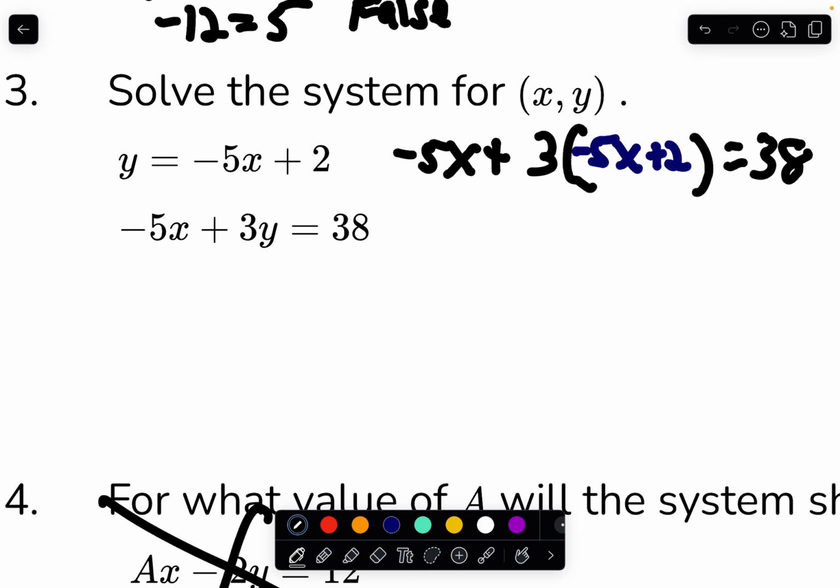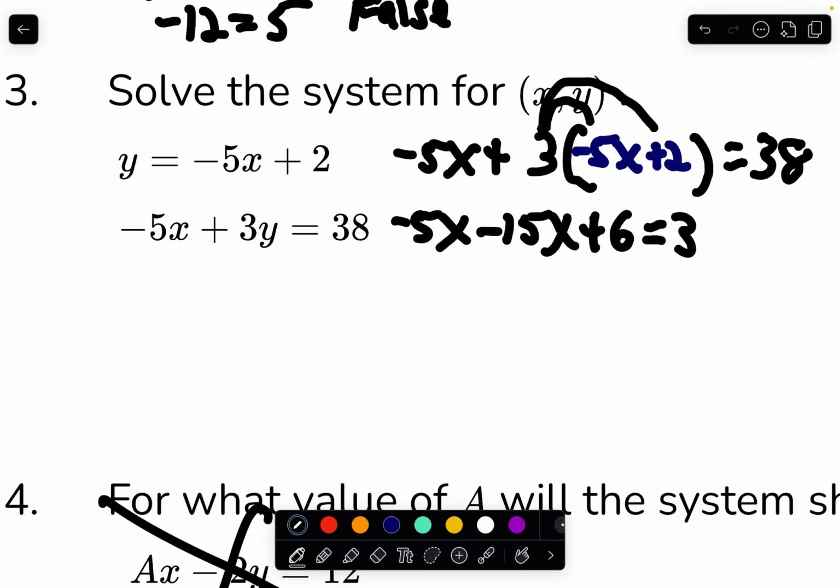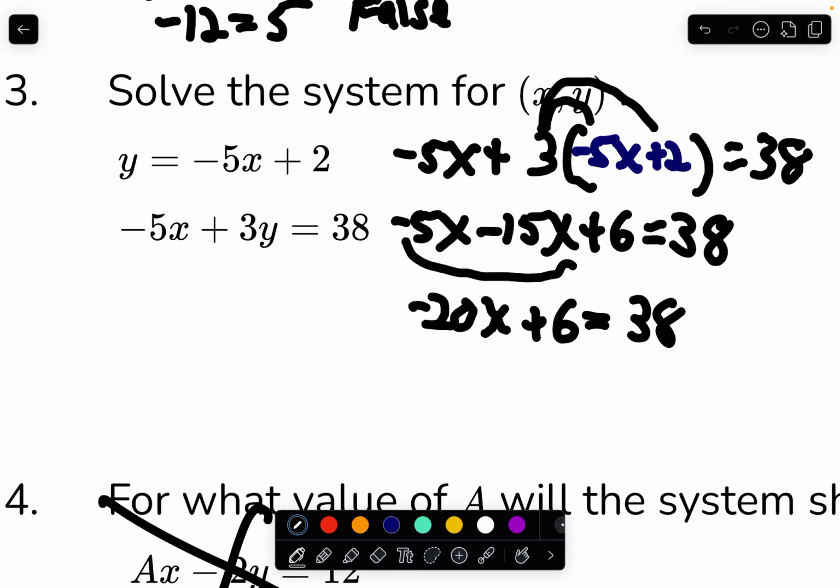Okay? So you got negative 5x. Now distribute 3 times negative 5, 3 times 2, that's negative 15x plus 6 equals 38. All right, that's the first step of simplifying the left. Now combine like terms. Negative 5 minus 15 is negative 20x plus 6 equals 38.